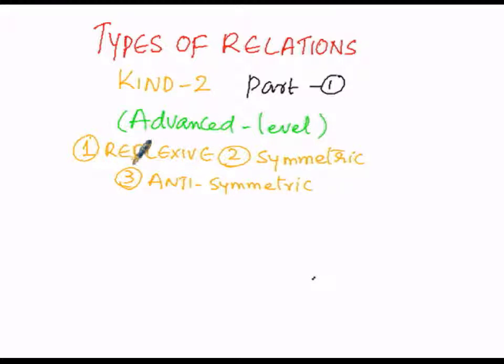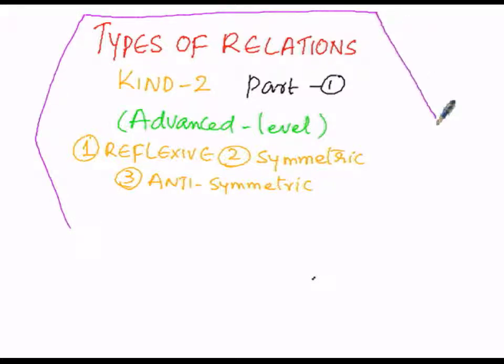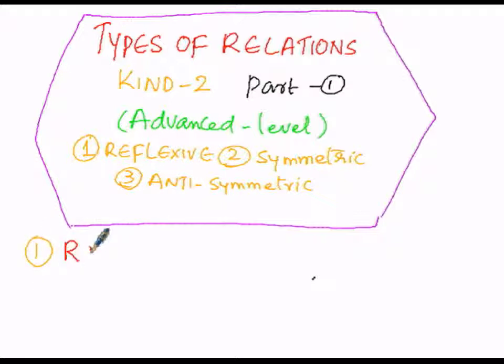We are going to discuss these first three, that is reflexive, symmetric and antisymmetric relations, under part 1 at an advanced level. First of all, let us discuss the first one, which is the reflexive relation.